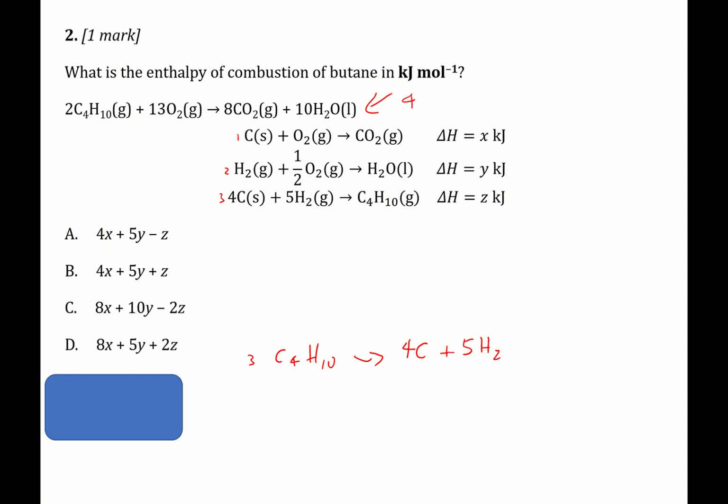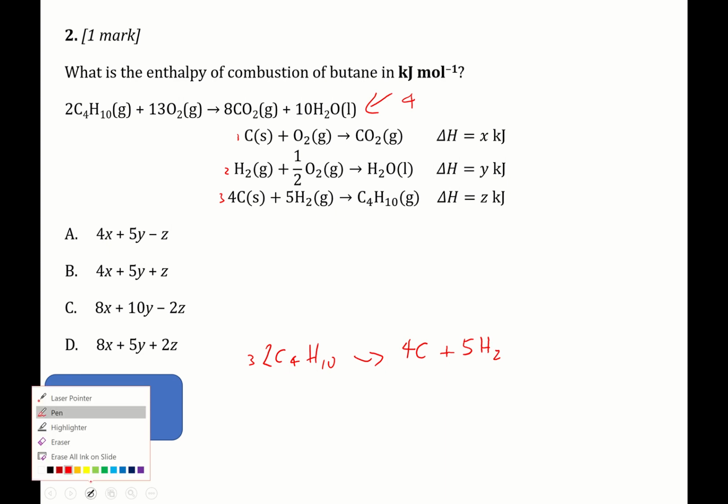So it's been flipped. The immediate thing is we have 2 moles of butane. At the moment we only have 1, so this needs to be changed. So we need to put 2 moles there. That now becomes a multiple of 2.